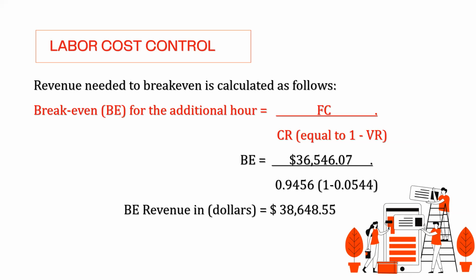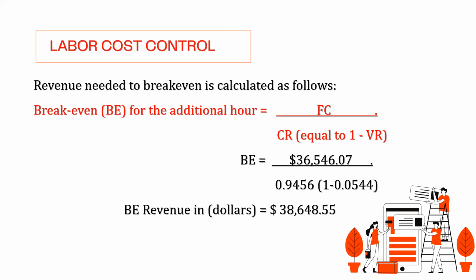So the break-even revenue, remember now we had the variable cost, right? So it would be the fixed cost, which we just worked out to be 36,546.07, over the contribution rate, which is equal to 1 minus the variable rate. The variable rate was 5.44%.